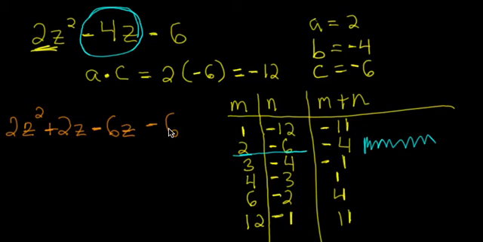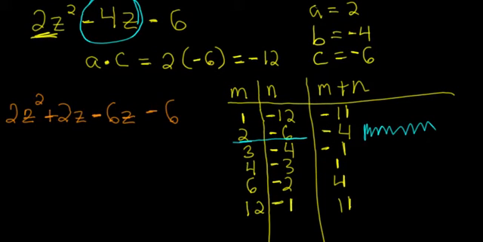Well, I've taken my trinomial and I've put it into 4 parts. And what this is going to help us do is factor by grouping. I'm going to imagine that there is a divider here. I'm going to focus on the first part of this divider. So this has a GCF of 2z.